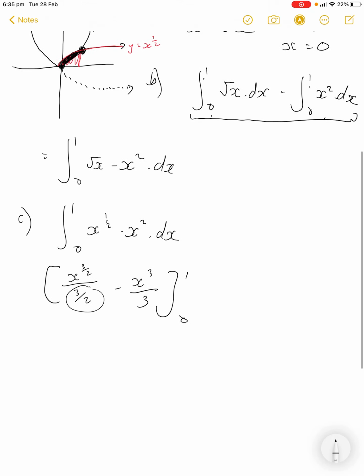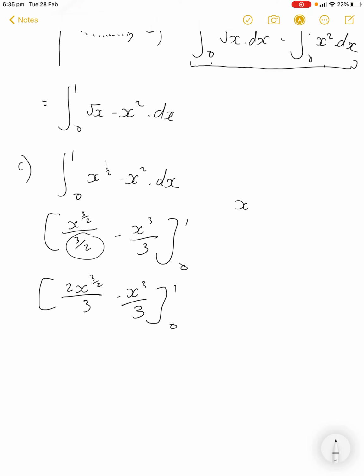Remembering that when we divide by a fraction, we can rewrite it by flipping it, we get 2x to the 3 over 2 over 3 minus x cubed over 3 between 1 and 0. That would be because we have x to 3 over 2 divided by 3 over 2. Remembering how we divide our fractions, it ends up looking like this. Just a little quick tidbit over there.